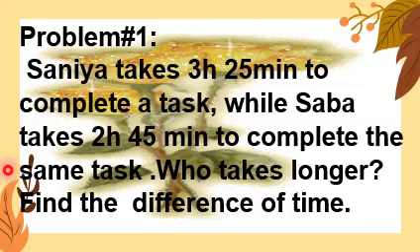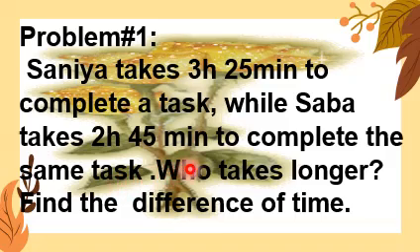Sania and Sabha are assigned the same task. Sania takes 3 hours and 25 minutes to complete the task, while Sabha takes 2 hours and 45 minutes.